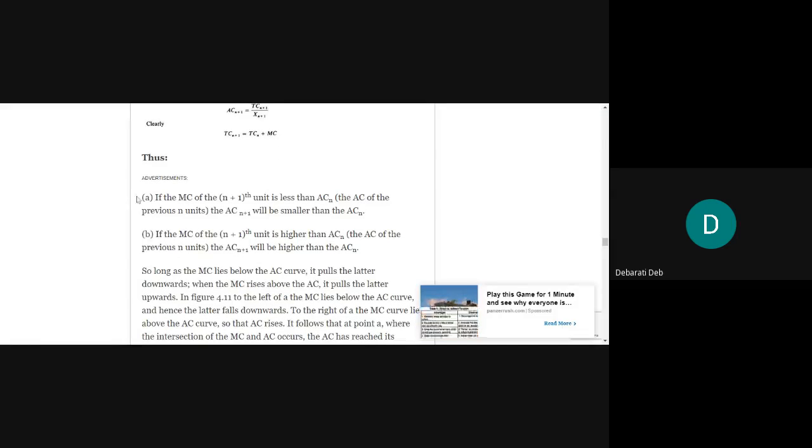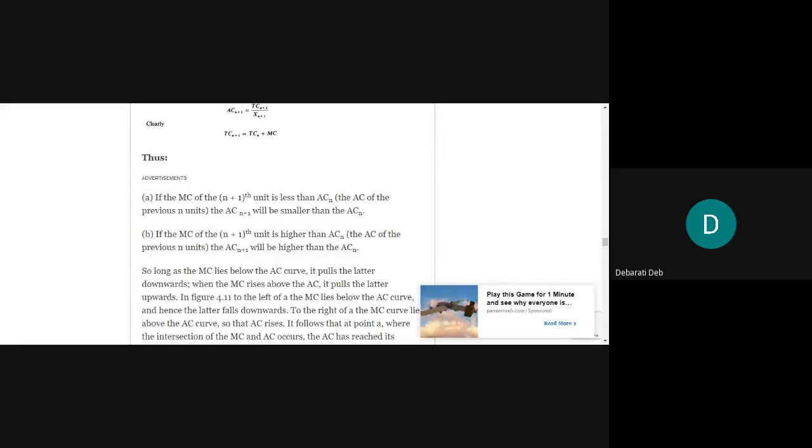Thus, if the MC of the n plus 1th unit is less than ACn, the average cost of the previous n units, then ACn plus 1 will be smaller than ACn. If the marginal cost of the n plus 1th unit is less than the average cost of the previous units, the average cost of the n plus 1th unit will be smaller than the average cost of the n units.